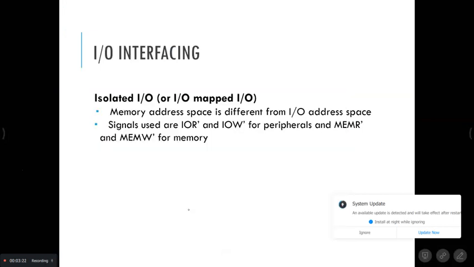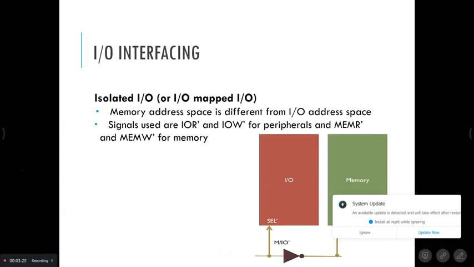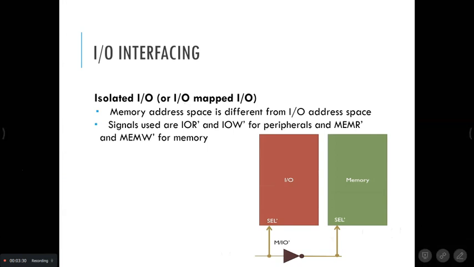The signals used here, as I told you, are I/O read and I/O write. With the memory/I/O bar, when the signal is 0, it is selecting the I/O devices.